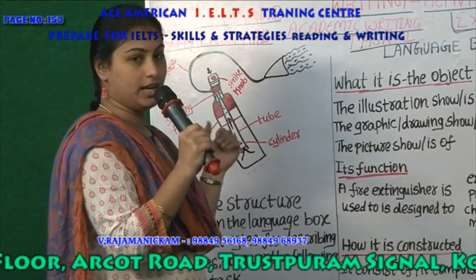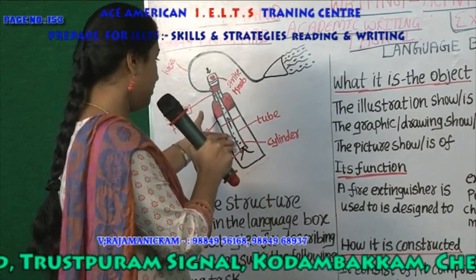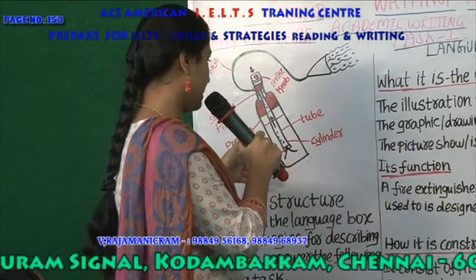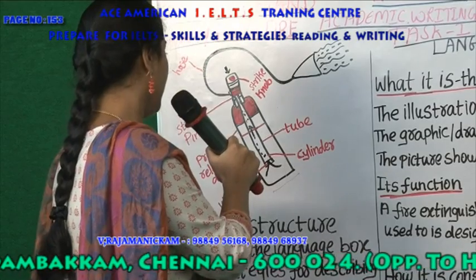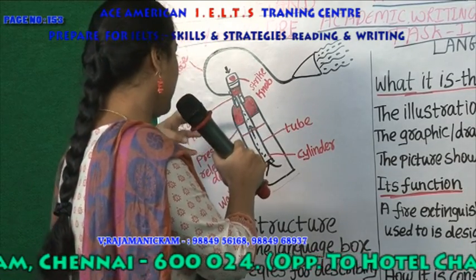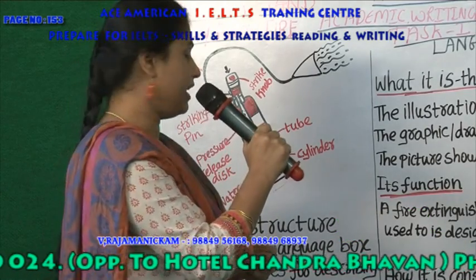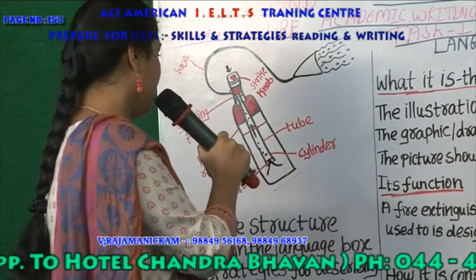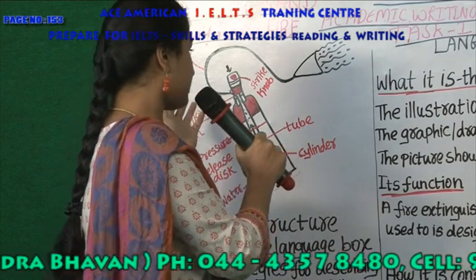We know the carbon dioxide is mainly to put off the fire. When we press this strike knob, it releases the disc, and the powder and carbon dioxide get dispersed, and the water flows through the tube.